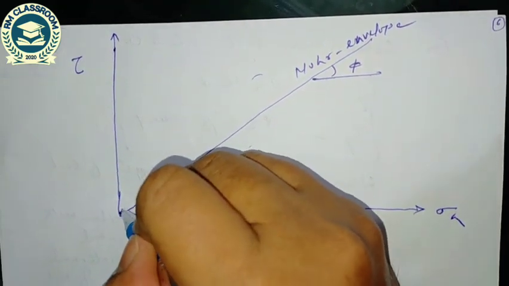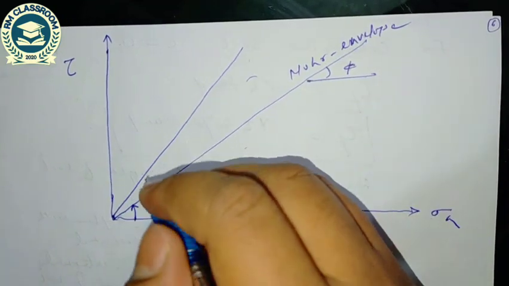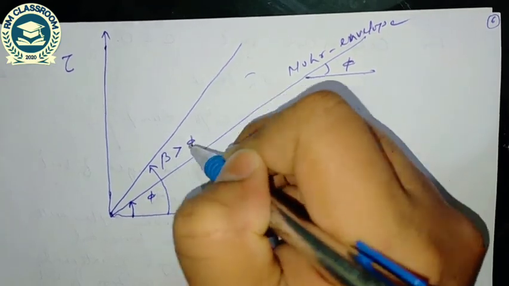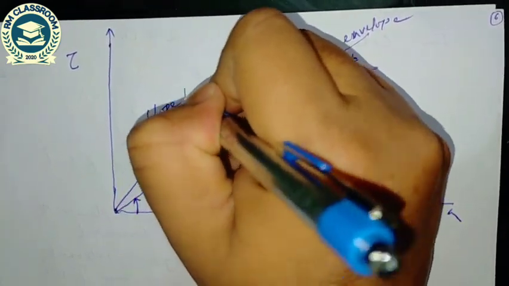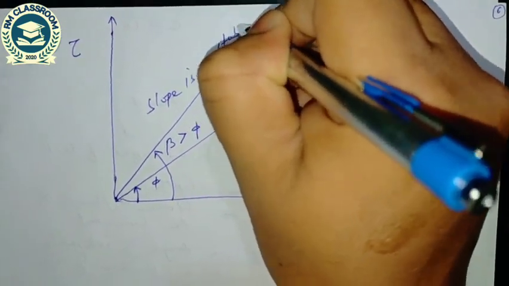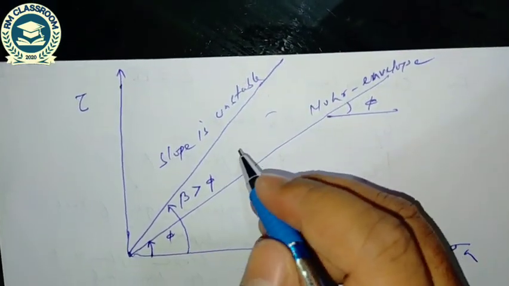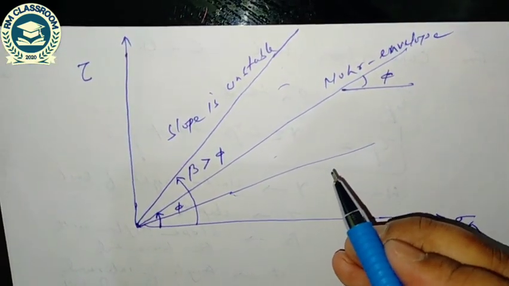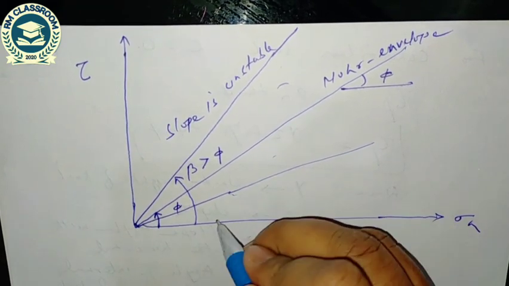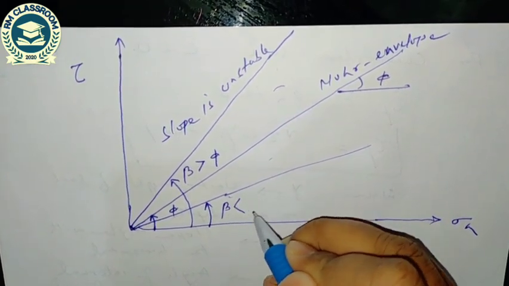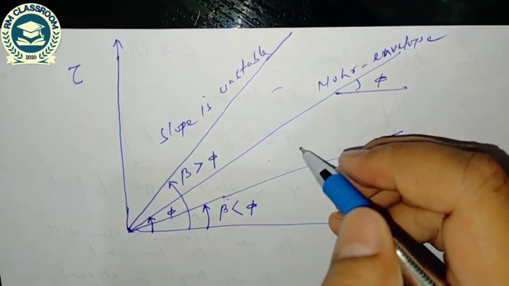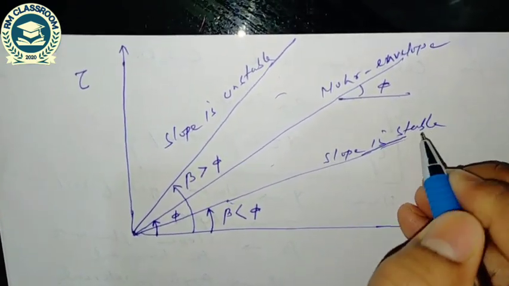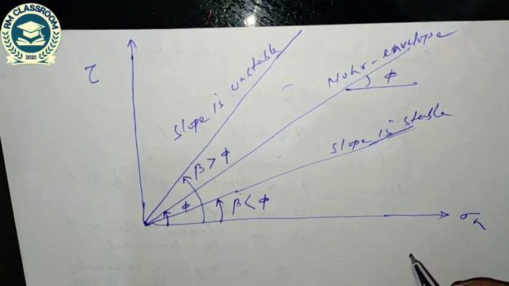If I draw this, we have seen that if this angle beta is greater than phi, the slope is unstable. Similarly, when beta is less than phi, the slope is stable. So we have seen this with the help of the Mohr-Coulomb equation.